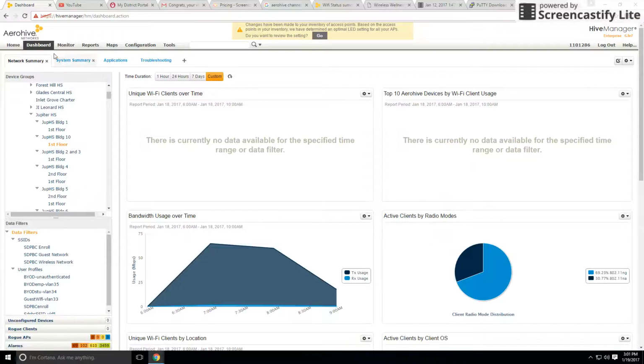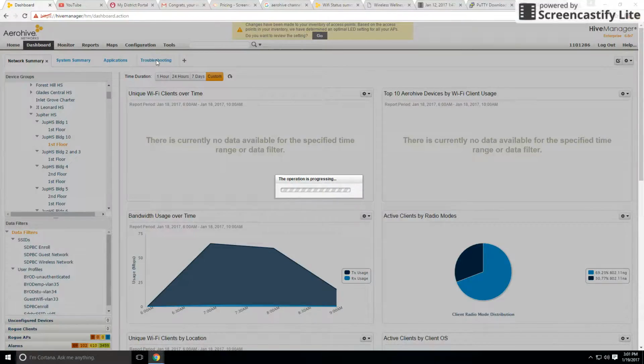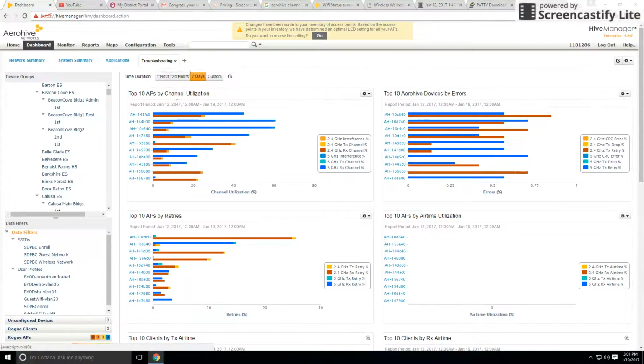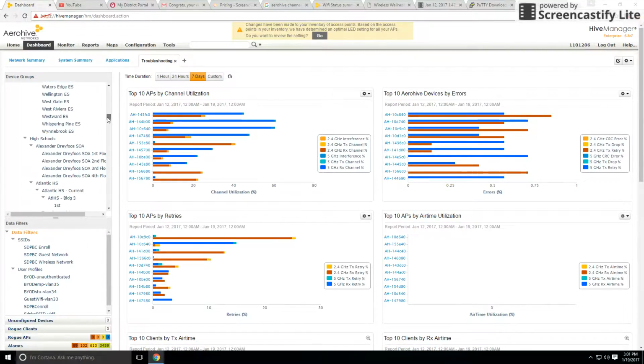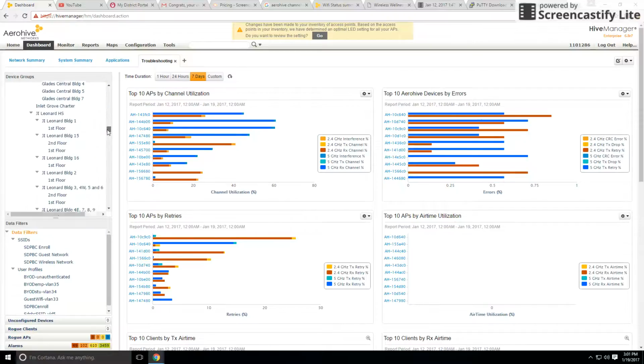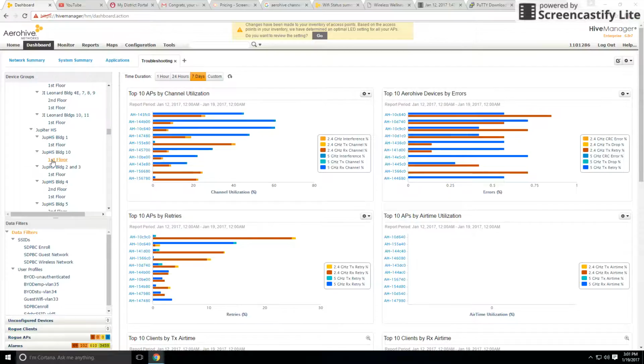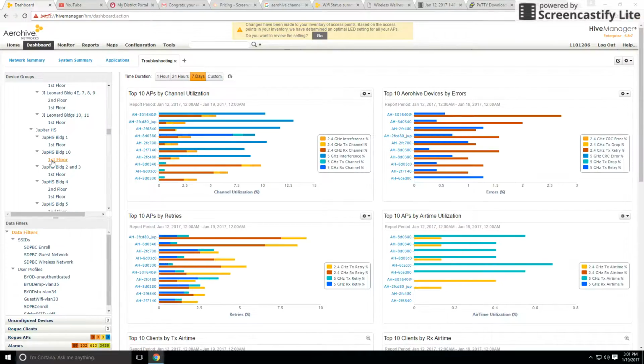If we were to go over to look at the troubleshooting graphs, which are some of the same graphs, maybe with a little bit of difference, we're going to have to make sure that we're still looking at Jupiter High School. This is one of the little gotchas. Jupiter High School, Building 10, first floor. And we're going to have to customize our window again.